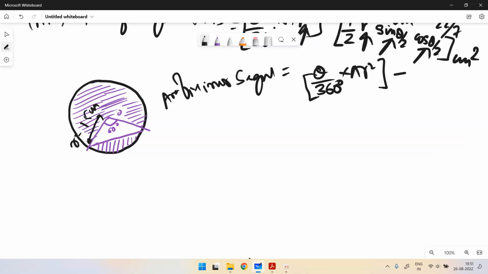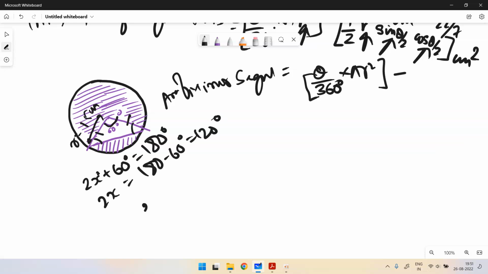This is 60 degree and two sides are equal, which means these two angles are also equal. This is an isosceles triangle. If I take x and x degree angles, x plus x plus 60 degree is 180 degree, so 2x is 180 minus 60 equals 120 degree, and x is 60 degree.